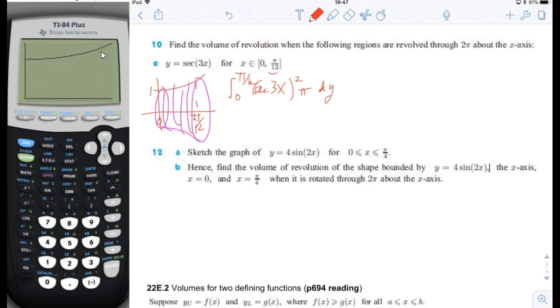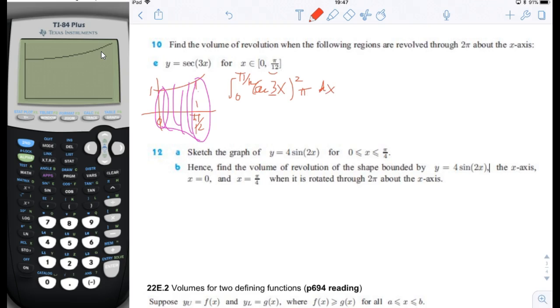The integral of secant squared is something like tangent, because the derivative of tangent is secant squared. Now this one is a little different. It's got a 3 here, so we need to do an inverse chain rule or U substitution.